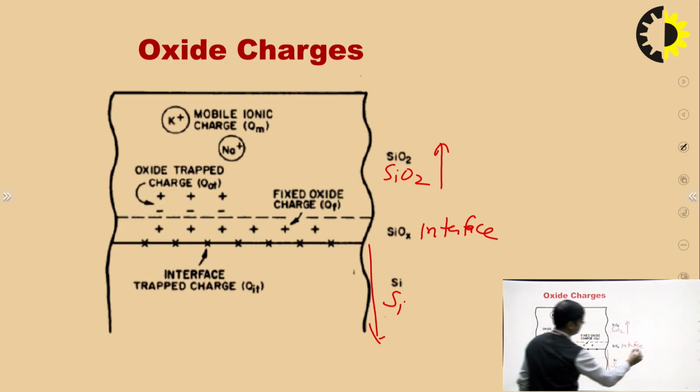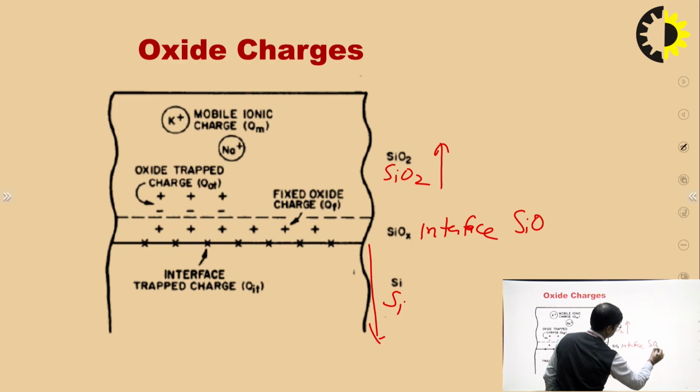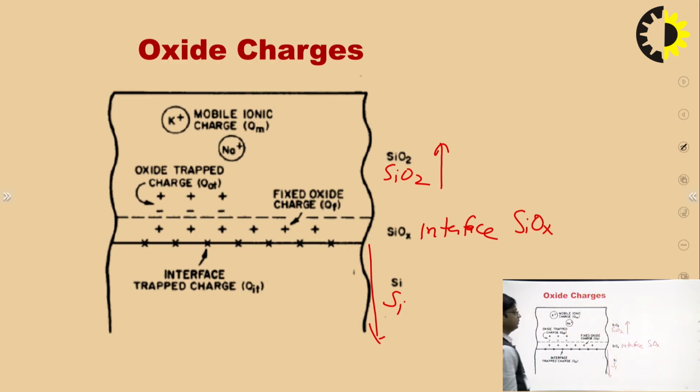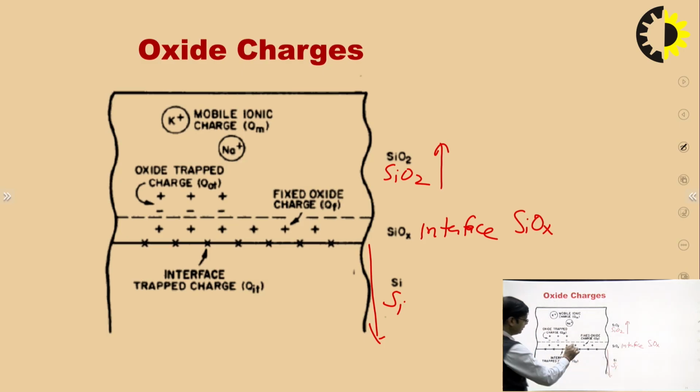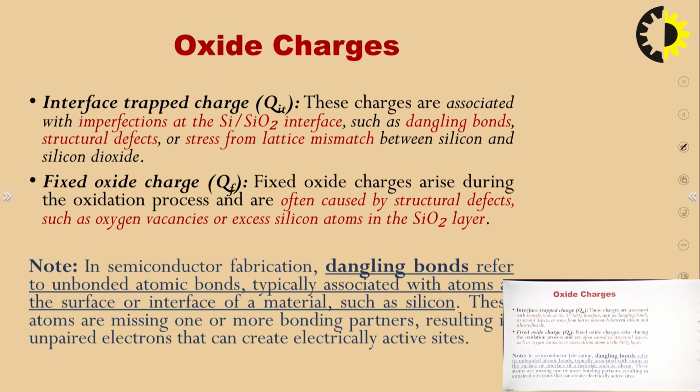And at the interface, it may not be SiO2, it is SiOx because of the incomplete bond at the interface. So, let us see the first kind of charge, that is interface trapped charge.